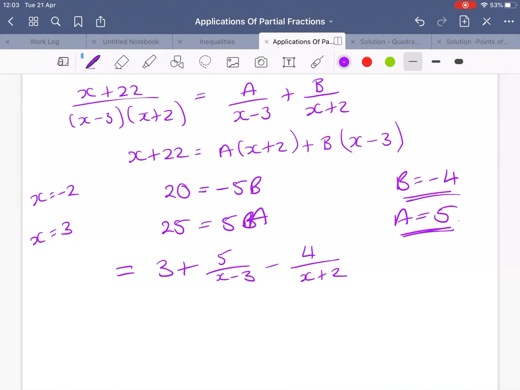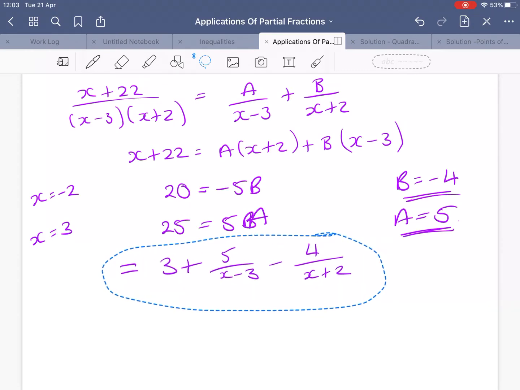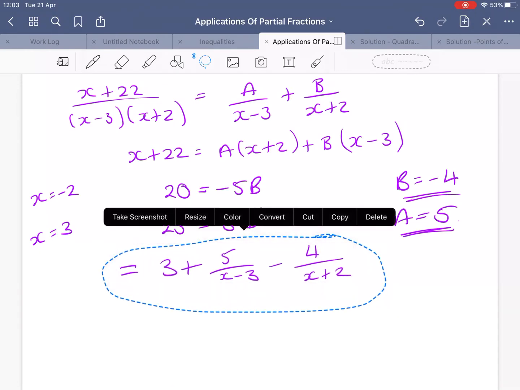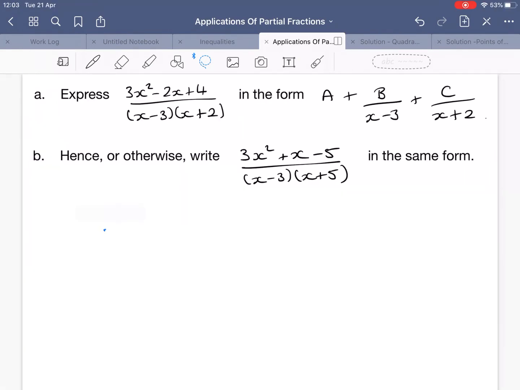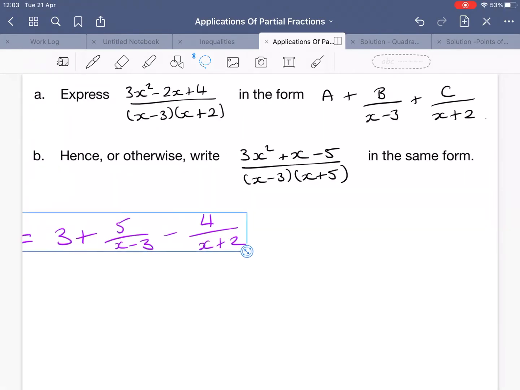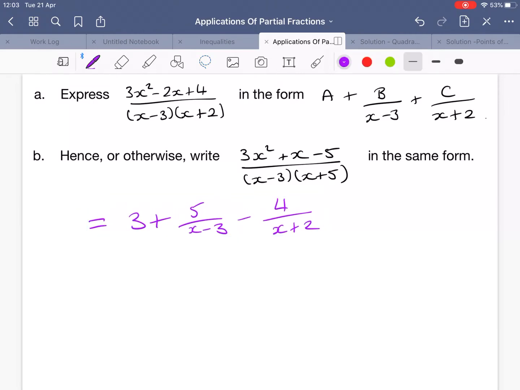So that was the answer. So again, I'm going to copy that, and then I'm going to put it over here. Paste. So that was the answer to A. So my A was 3, my B was 5, and my C was minus 4.